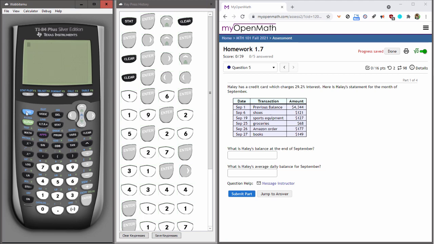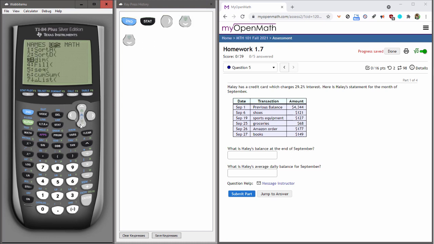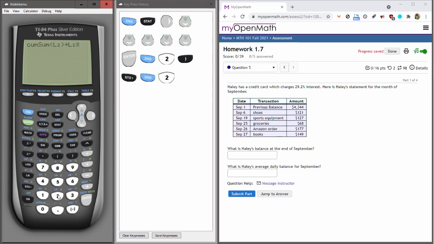Quit from this screen. I'm going to clear this history so you can see what I'm entering. So in the list functions, I'm going to use the cumulative sum on list 2 to find my balances, and then I'm going to store that to list 2 because nothing weird happens there.